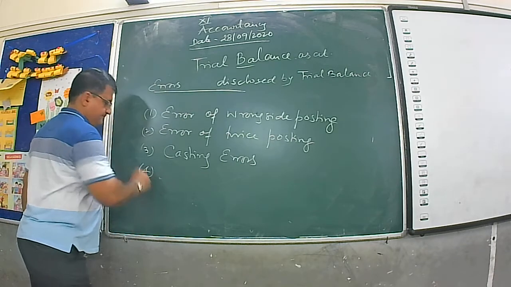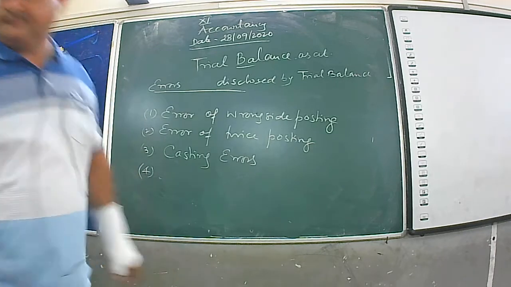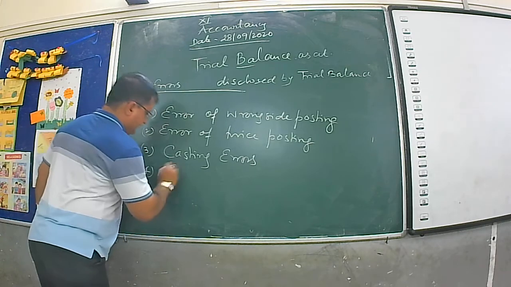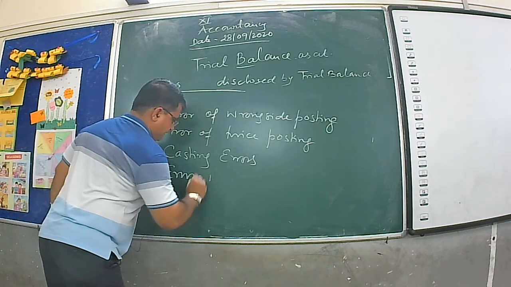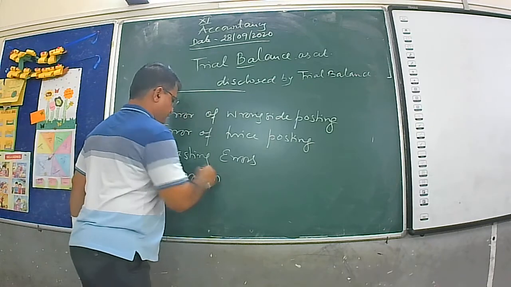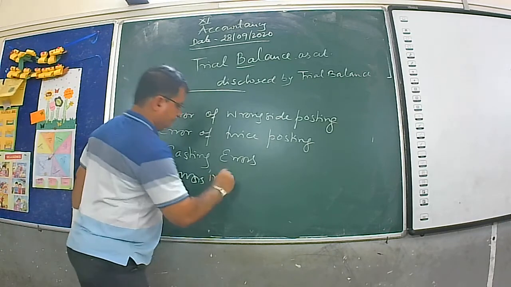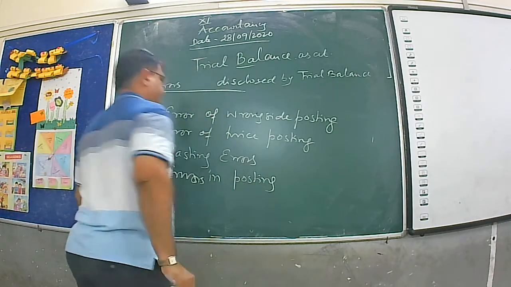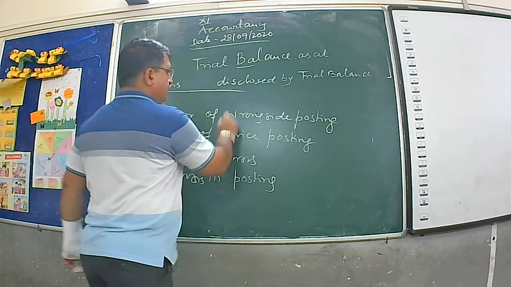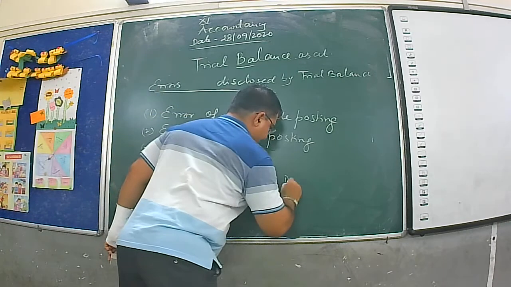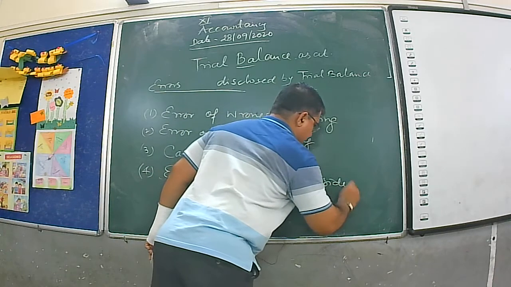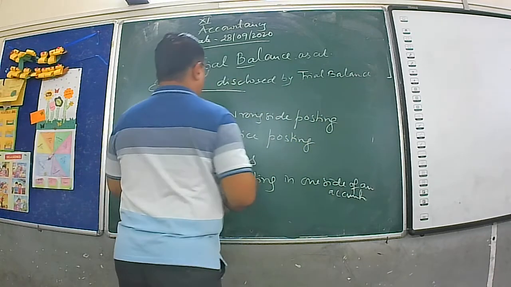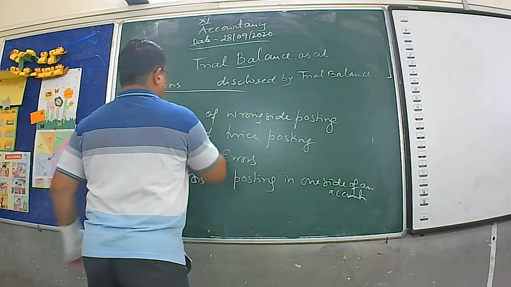Number four, errors in posting in one side of an account. Now, what are those? Number one, error of wrong side posting.